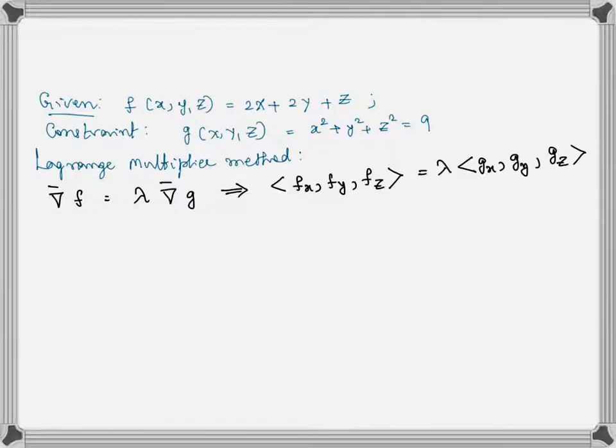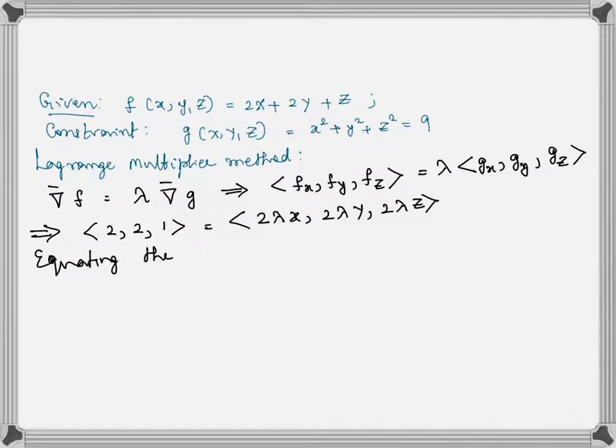So fx stands for the partial derivative with respect to x. Likewise fy and fz. g sub x stands for the partial derivative of g with respect to x. Likewise gy and gz. So if we set these two equal and write down the component form for each one of them, we get 2, 2, 1 equal to 2 lambda x, 2 lambda y, 2 lambda z, by bringing the lambda inside the component form.